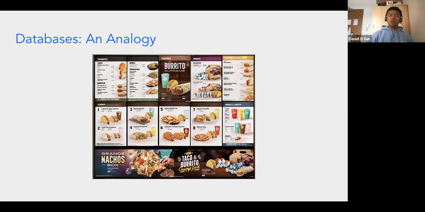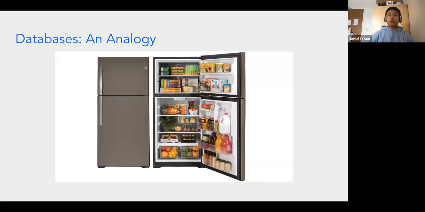If we think about the database, at Taco Bell it's like the freezer where they have your frozen Crunchwrap Supreme. And then when you order it with your API, they take it out of the freezer, they put it in the microwave for a little bit, and then they send it to you, right?